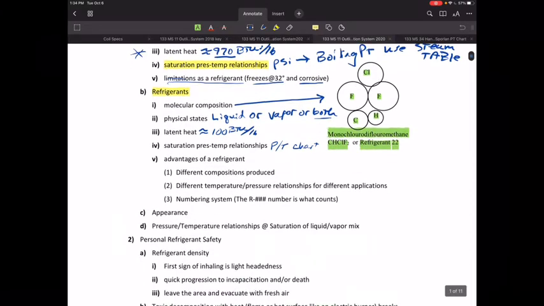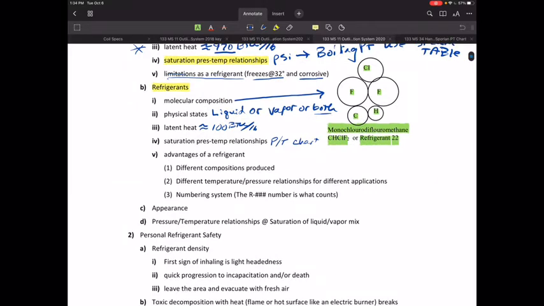So what are some of the advantages of refrigerants? And what benefit do we get out of some of these? The first thing I would get into is that you have different compositions that can be produced. There are many different types of refrigerants.